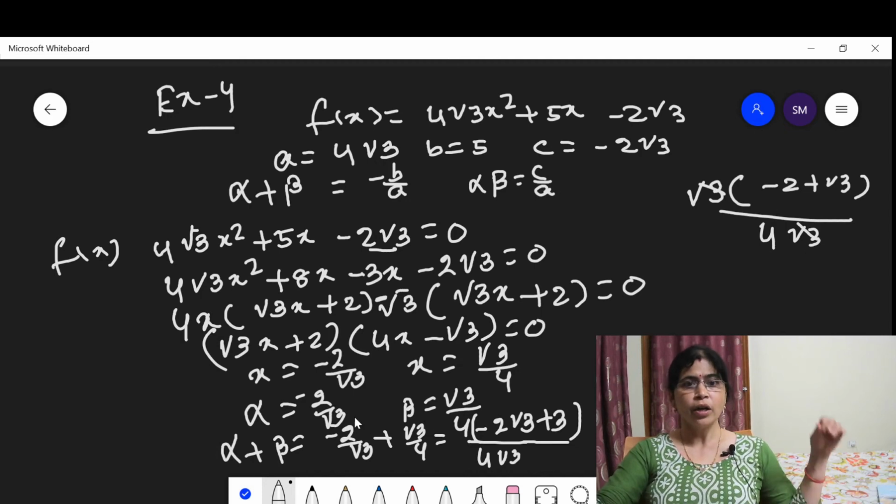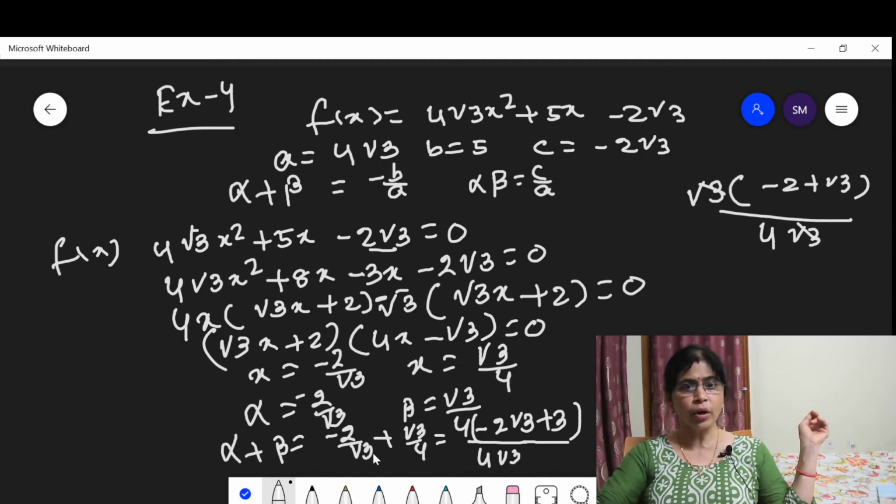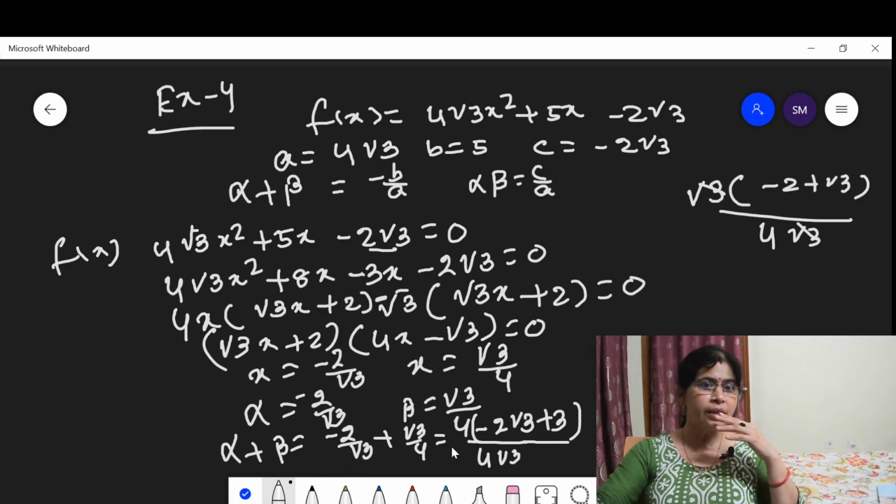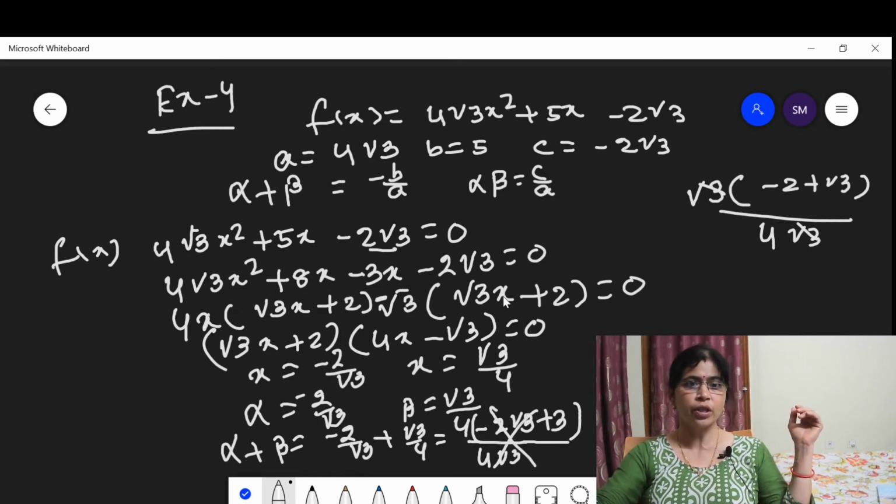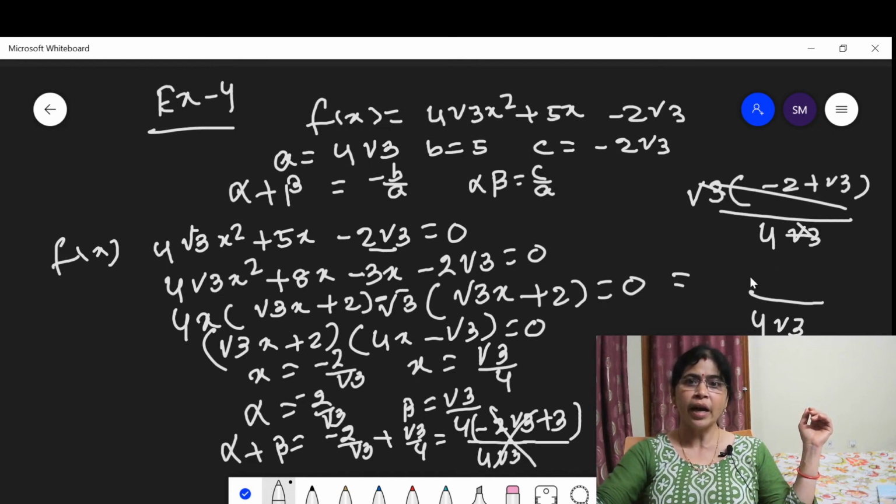Sorry, this is wrong, please edit. Taking 4 root 3 as the LCM we get minus 8 plus 3, which is equal to minus 5 upon 4 root 3.